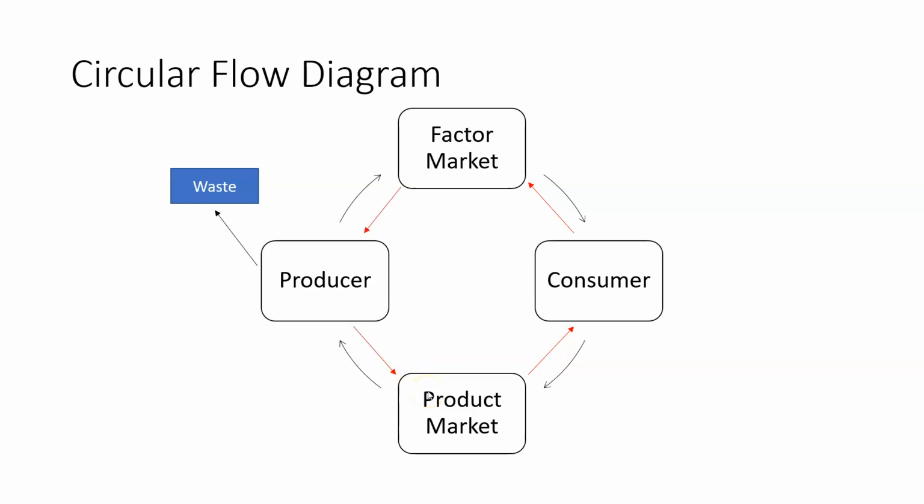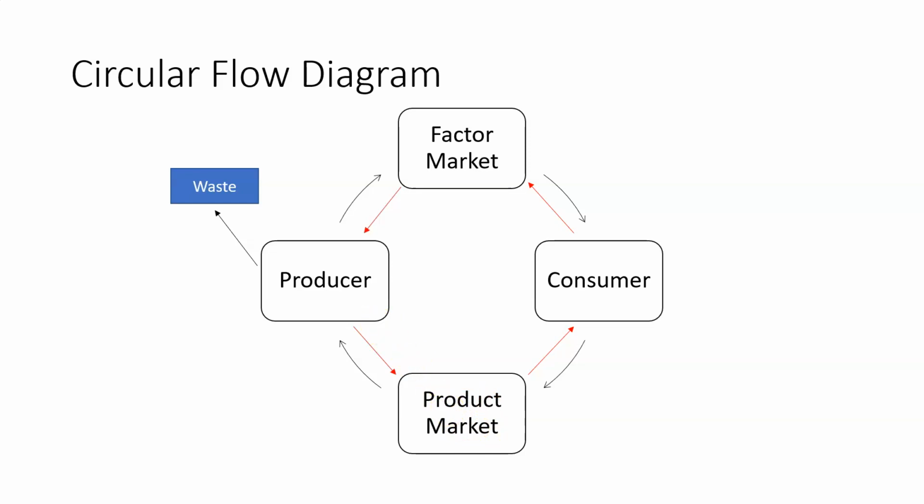The producer sells the product to the product market. Product market is a store. Walmart, Amazon, whatever. It is a store. Now, in the product market, producers provide goods and services, and in this market, consumers of those goods come to get the product. So here's where they meet again, in the product market, where the producers sell their goods.